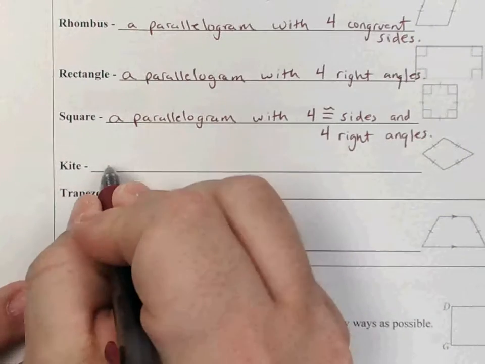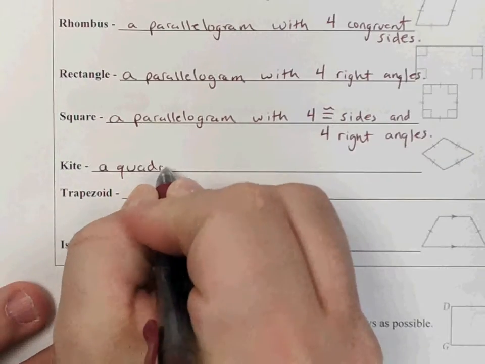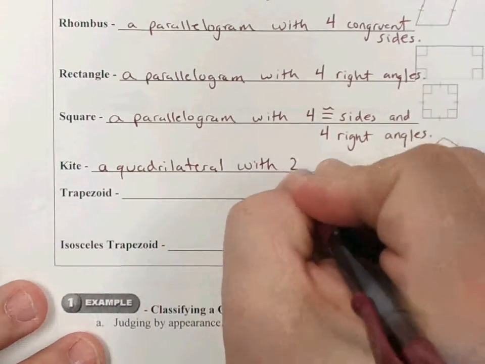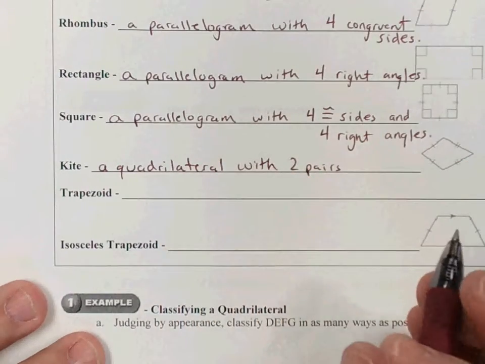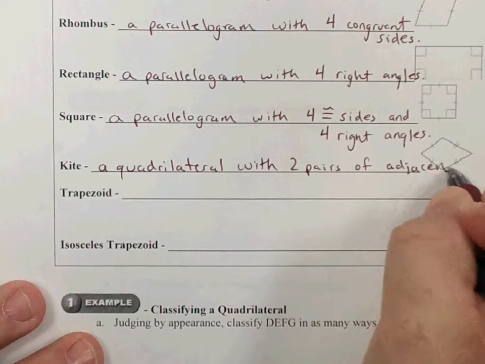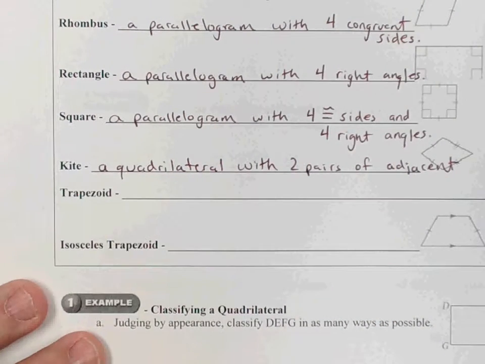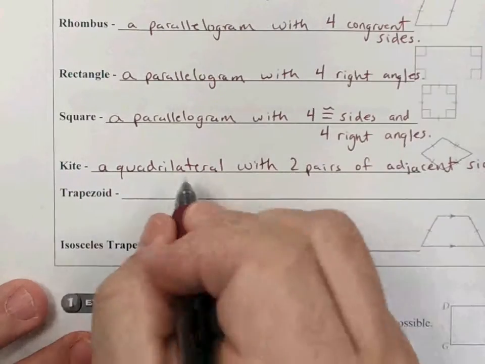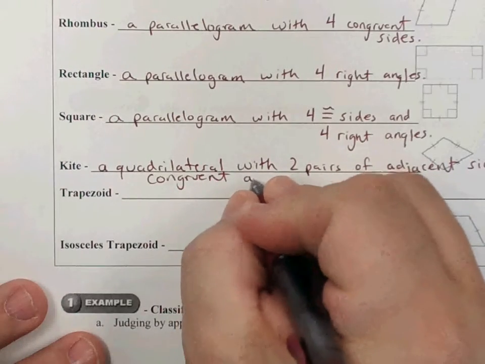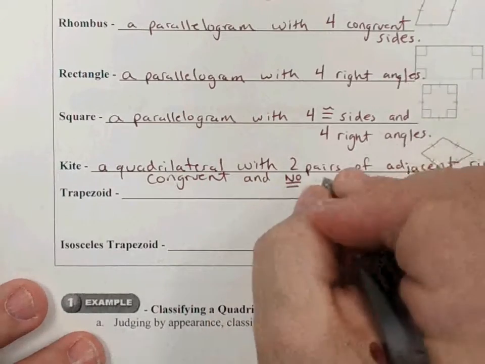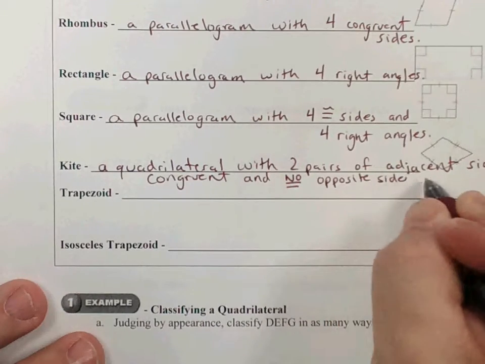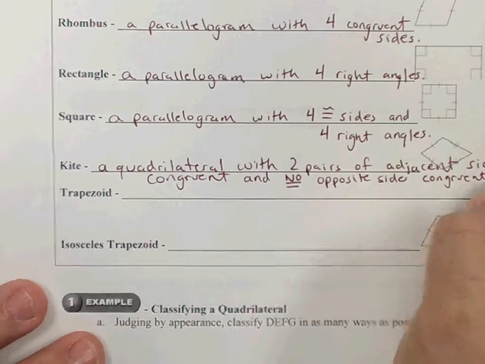A kite is a quadrilateral with two pairs of adjacent sides congruent and no opposite sides congruent.